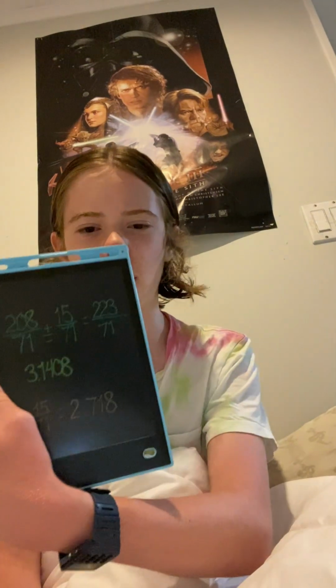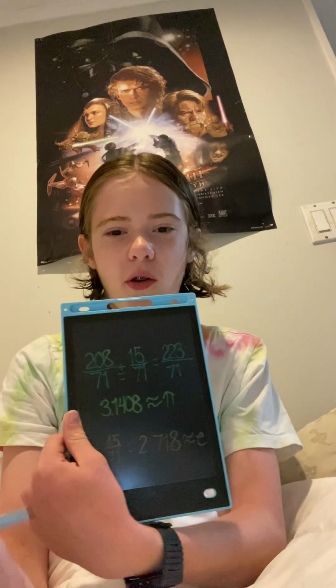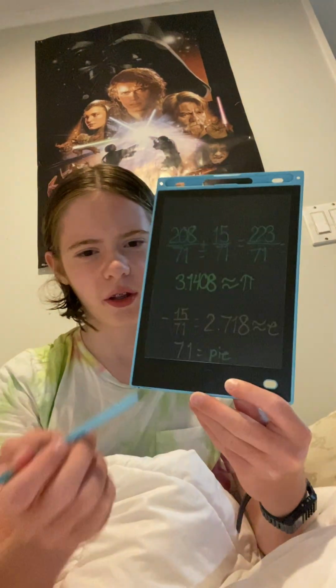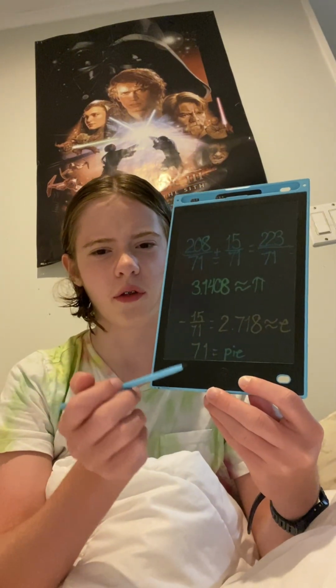But minus 15 over 71 gives you 2.718, which is close to Euler's number, E. So we have pi and E, and pi plus E equals pi. Yeah, so Vsauce 2 made a video discussing this, but it's just too good to leave off of here.